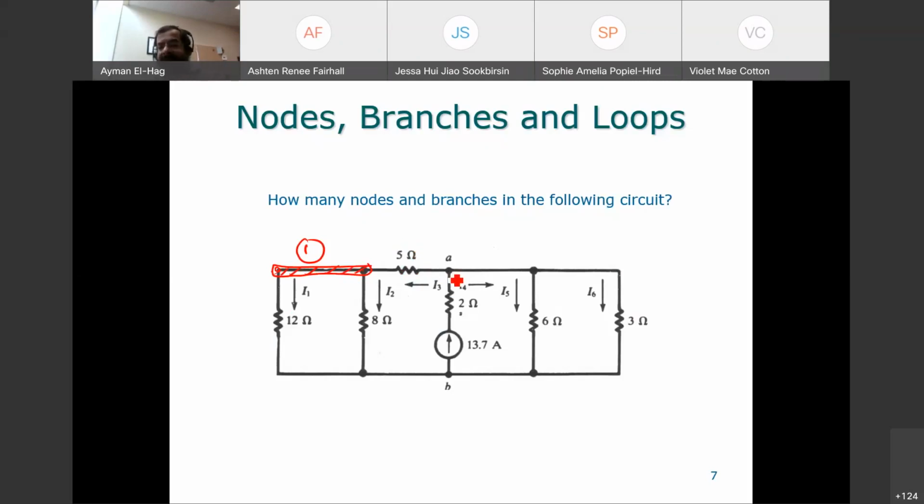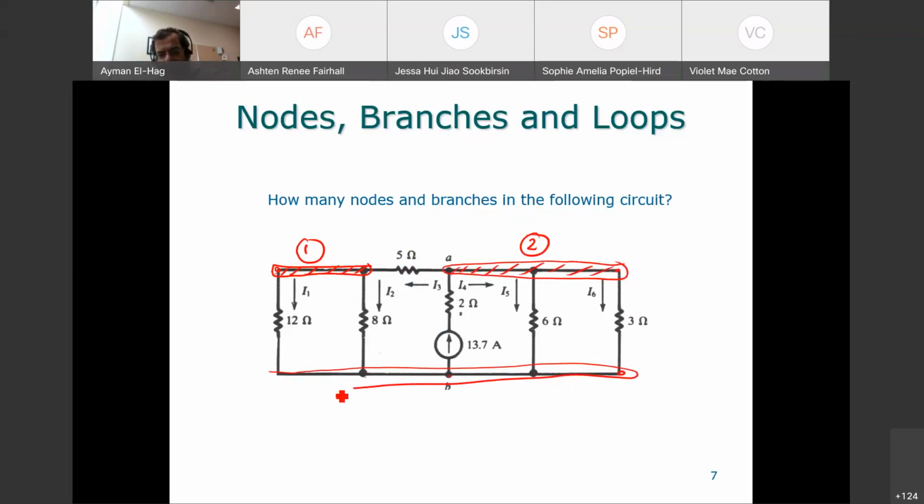But how about this and this? They are the same. So all of this is another node. This is called a node. This is number 2. Then this and this and this and this, all of this is just one node.